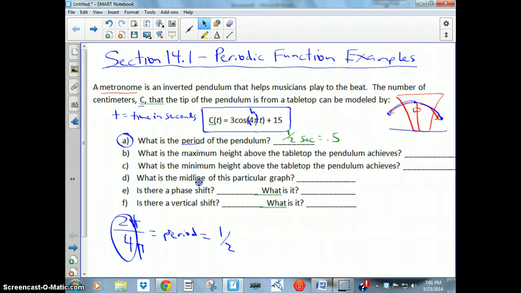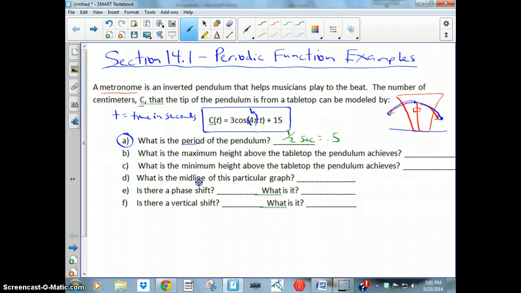Very good. B. What is the maximum height above the tabletop the pendulum achieves? Obviously, that's when it's straight up and down, this distance right here. Well, what is it? Remember the maximum is K plus A. K is 15, A is 3. So therefore, it would be 18 centimeters. Good.